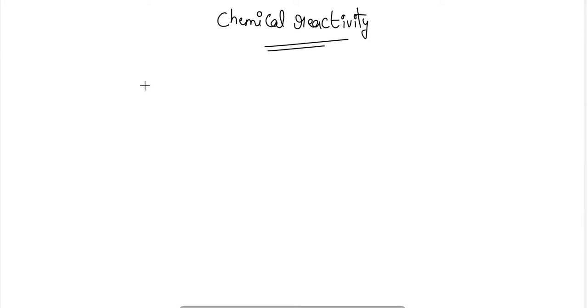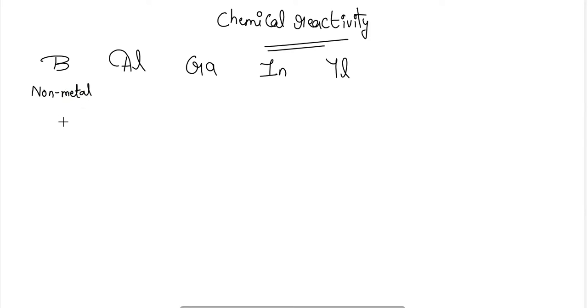So first, for the group 13 elements, we know that the elements are boron, aluminium, gallium, indium, and thallium. So here the boron has a diagonal relationship with the next group element, that is the silicon.